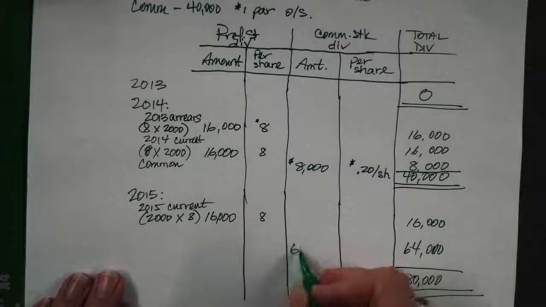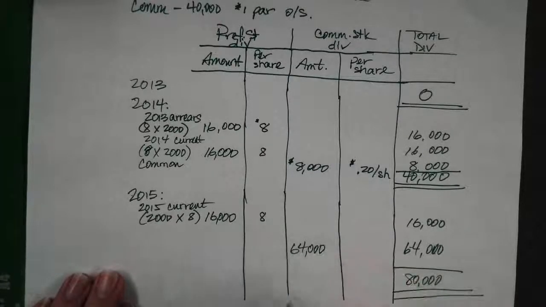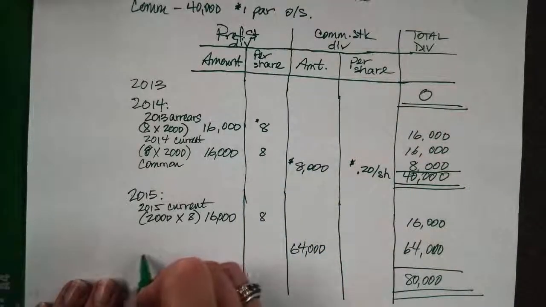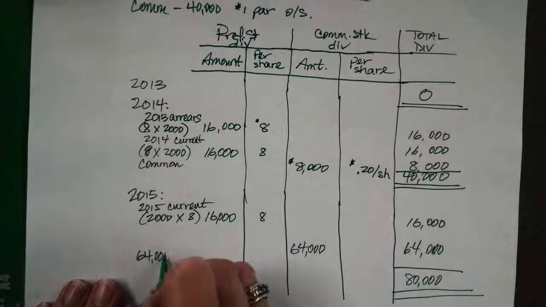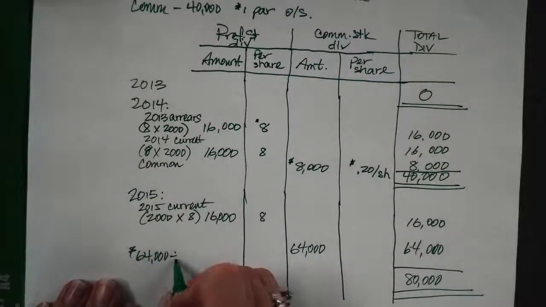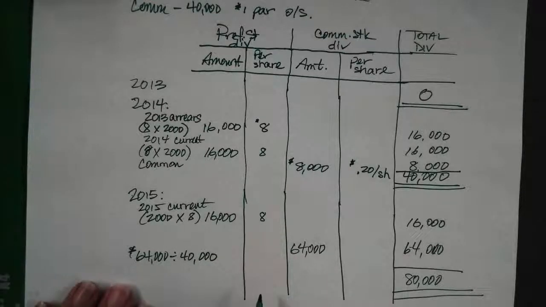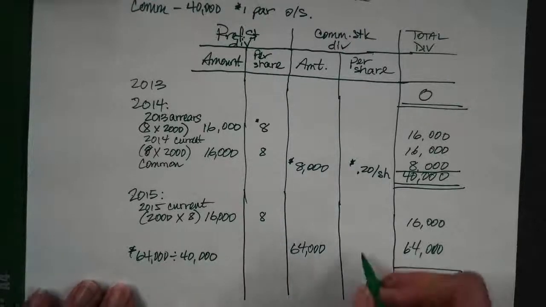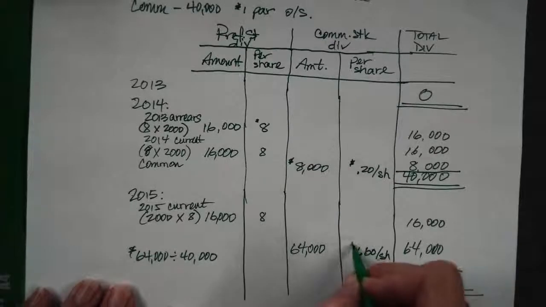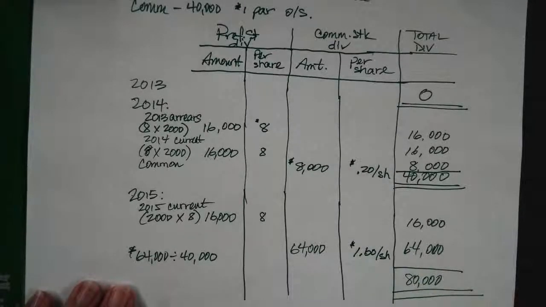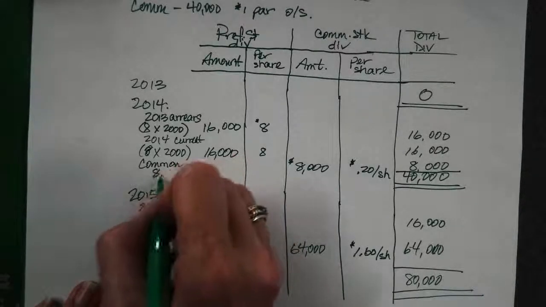If I put 64,000 right here, and I've got 40,000 shares, $64,000 divided by 40,000 shares works out to be $1.60 per share. So they've had quite a dramatic increase over the previous year.